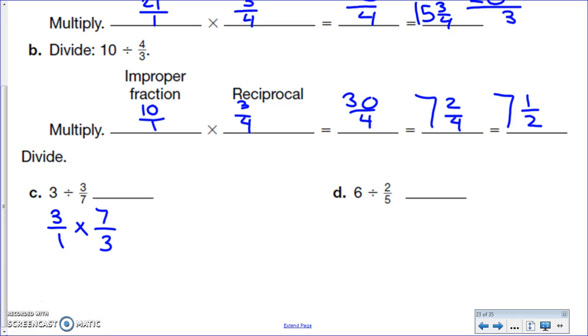Now, if you remember our cross-simplifying trick from the multiplication of fractions, 7 and 1 can't be simplified, but 3 and 3 can both be divided by 3. So that gets us 1 over 1 times 7 over 1, which equals 7 over 1, which gives us 7.